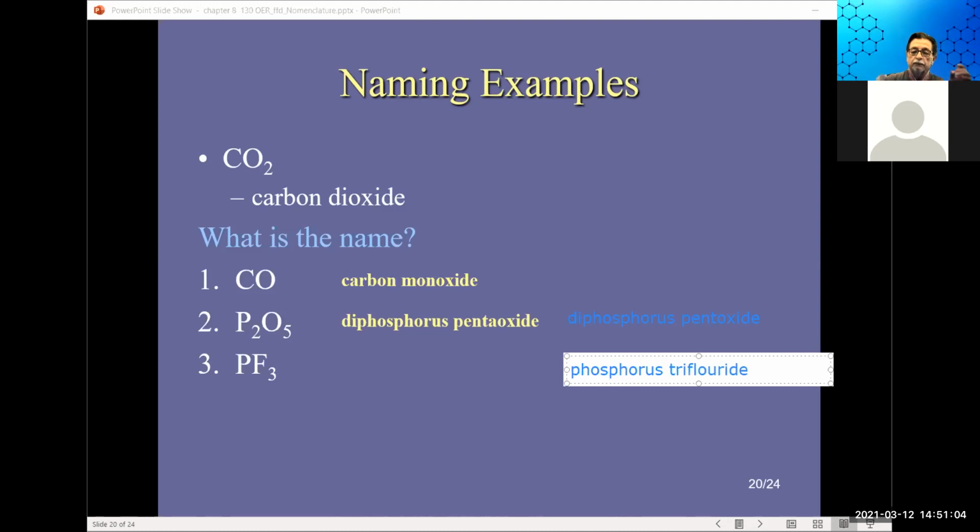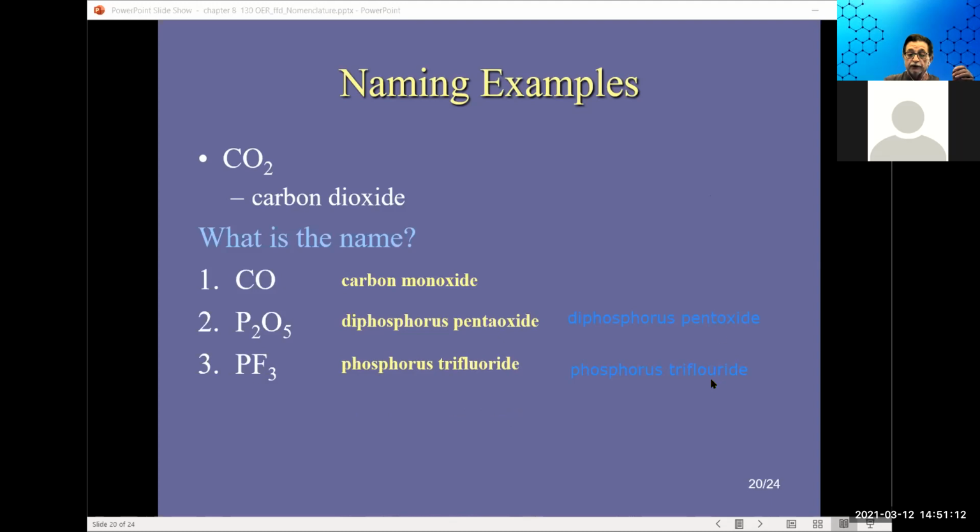That gives us phosphorus trifluoride. So no first prefix, the phosphorus by itself. No mono. When it's by itself, just simply the name.